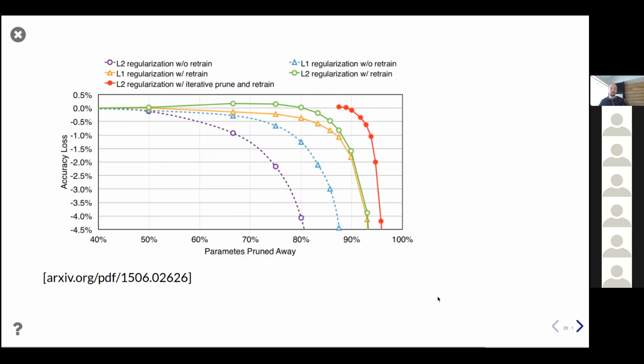You certainly get lower parameter counts in your model, but if you really want to use this to get, for example, a speed up in your inference, it is still unclear how to use these sparsely pruned models effectively, for example, on GPUs.